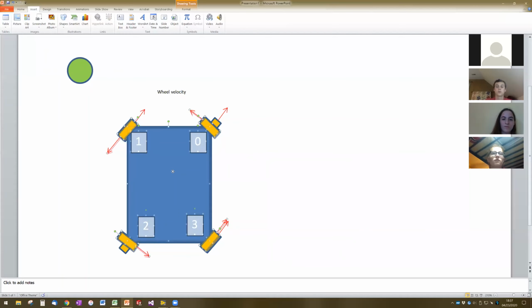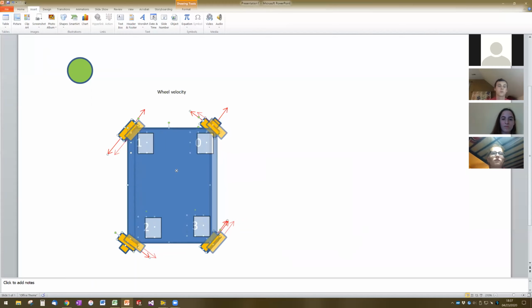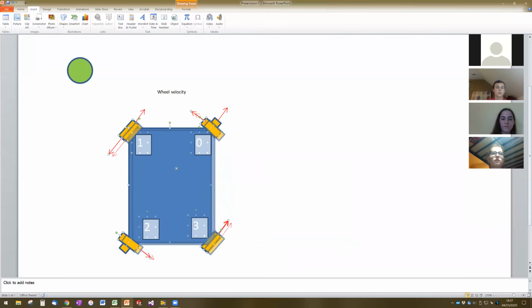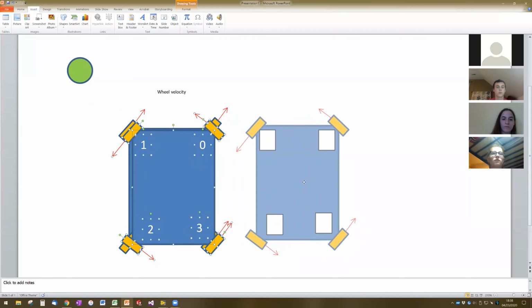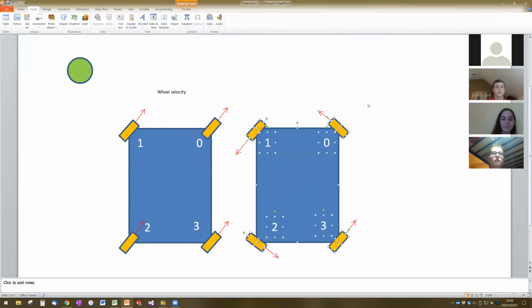Basically what we're going to end up with is a vector addition problem for each one of the wheel modules that we'll have to solve in order to get the vectors at each wheel module that are the combination of the optimal rotation solution and the optimal translation solution. Does that make sense? Any questions on that before we go forward?